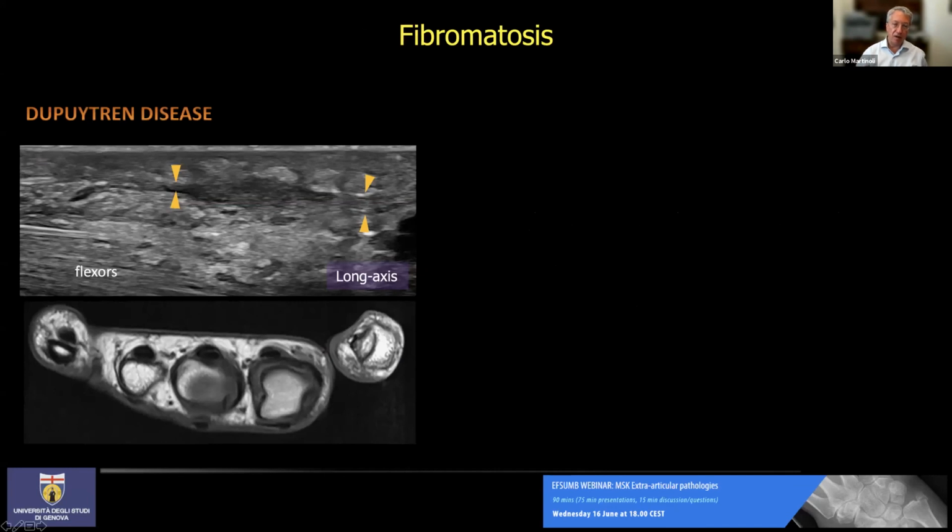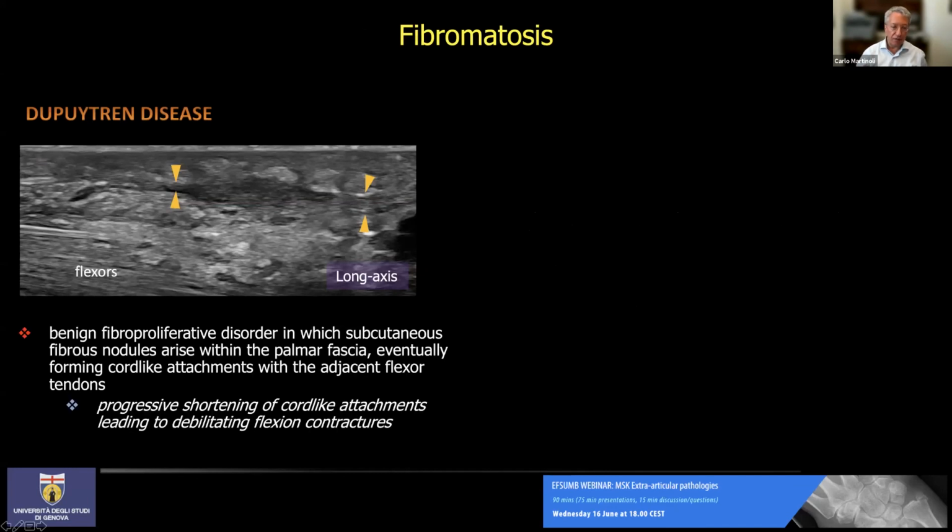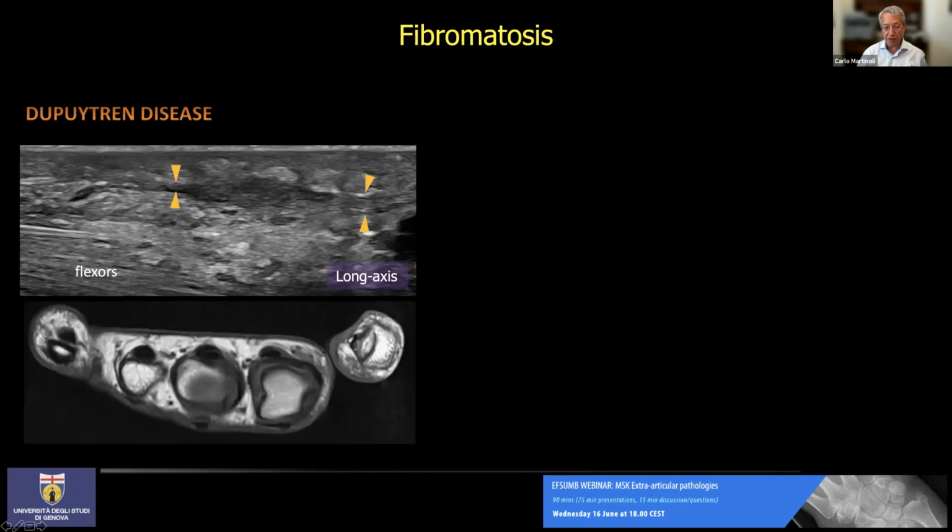Another specific condition affecting the fascias is the so-called fibromatosis. And this may affect the palmar fascia in the hand, in the so-called Dupuytren disease. This disorder is a benign fibroproliferative disease in which there is the proliferation of fibrous nodules within the palmar fascia, and this may create some cord-like attachments with progressive flexion contracture.